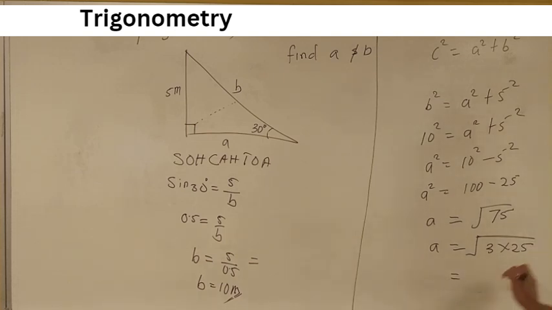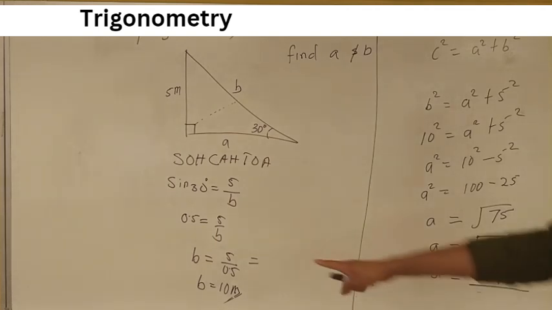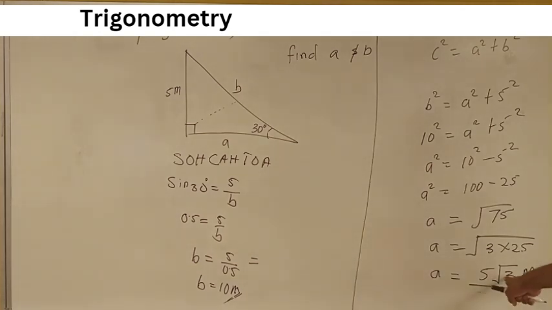And then I know that the square root of 25 is 5. Then I can say that this answer is 5 square root of 3. So this is actually a solved operation. A is equal to 5 root 3. Then I also have to put my units. That's my final answer. So in this case, B is 10 meters, while A is 5 root 3.